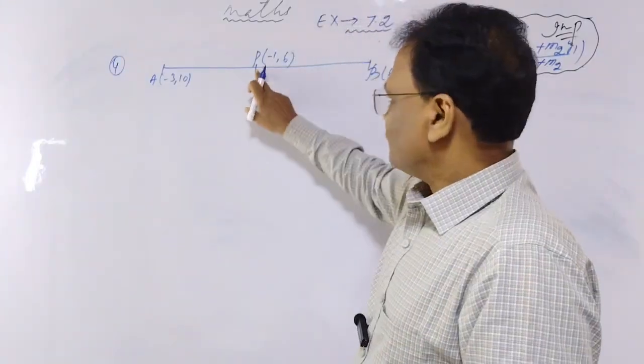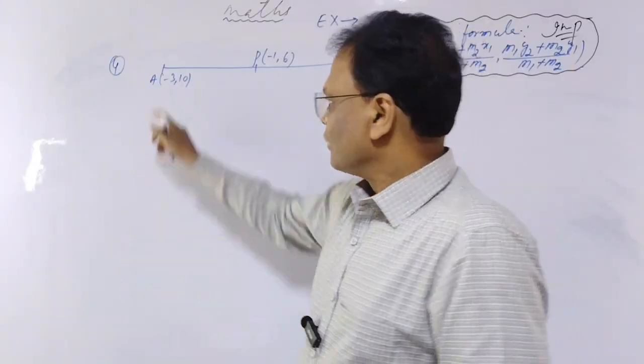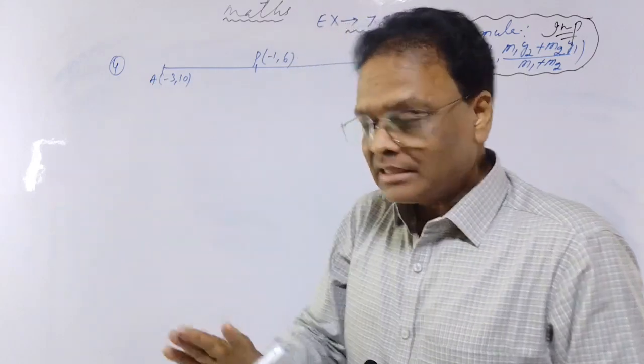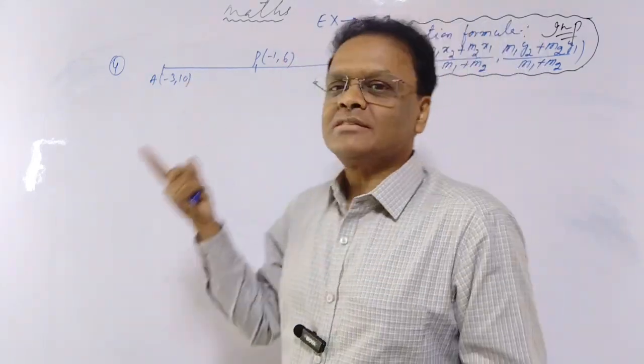What is given? The point which divides the line segment into 2 parts is given. Coordinates of the line segment joining the points are also given. One thing that is not given is the ratio in which it is divided.